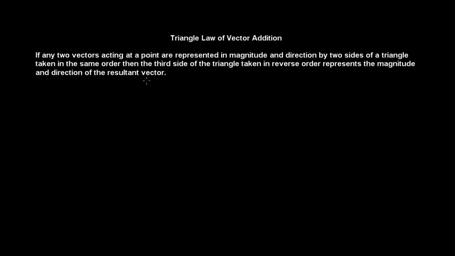Let me help you understand by reading each and every point. If any two vectors are acting at a point, let's say I have vector p, and another vector q. These two vectors are represented in magnitude and direction by two sides of a triangle.